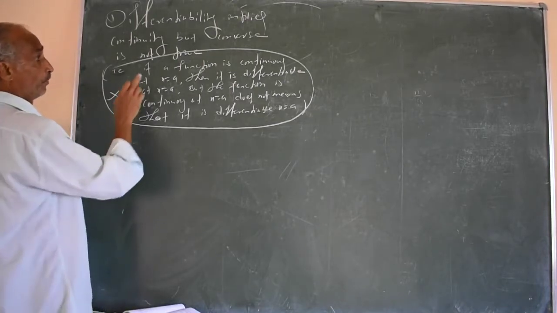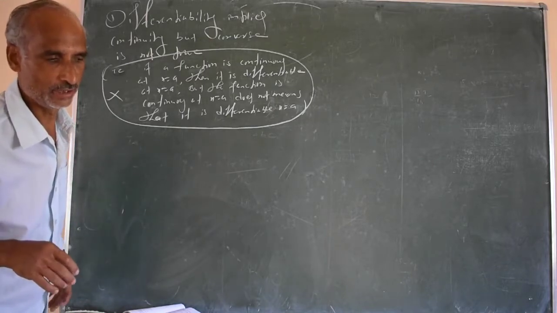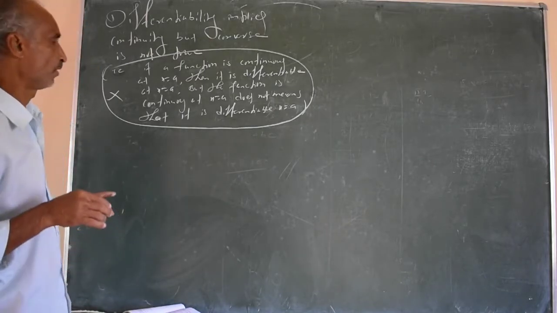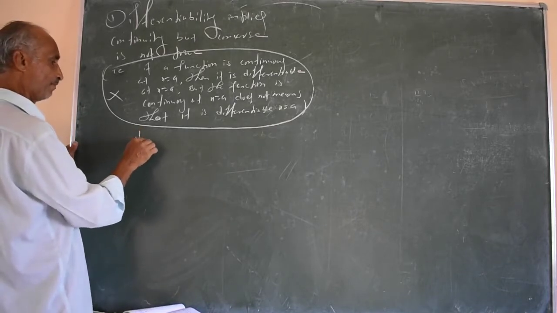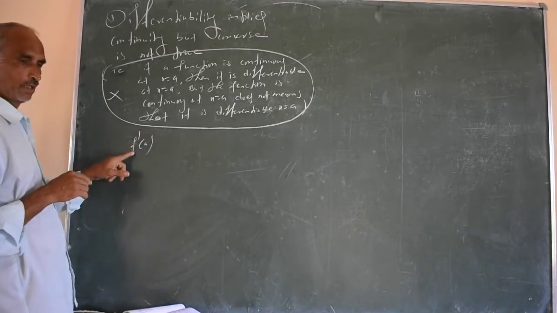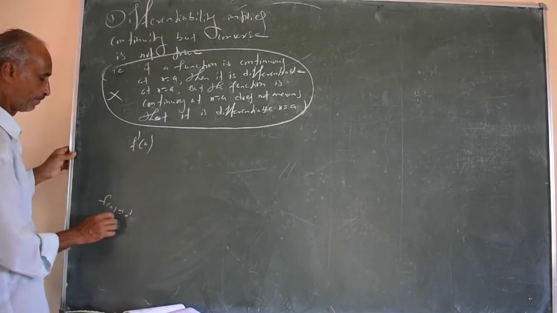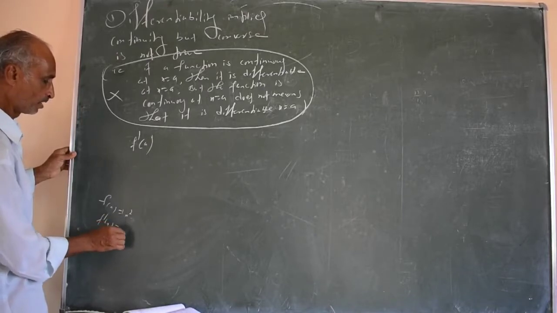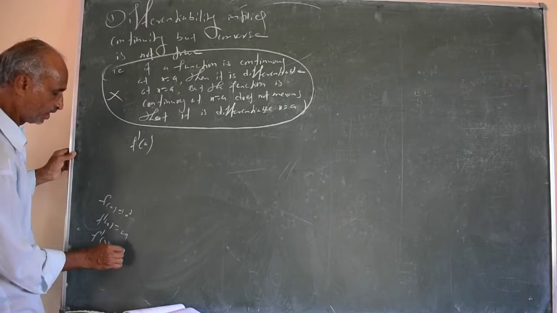Before the proof, let us take some basic definitions of derivatives. f dash of a: if f of x is x square, then f dash of x is 2x, and f dash of 3 is 3 into 2, which is 6.